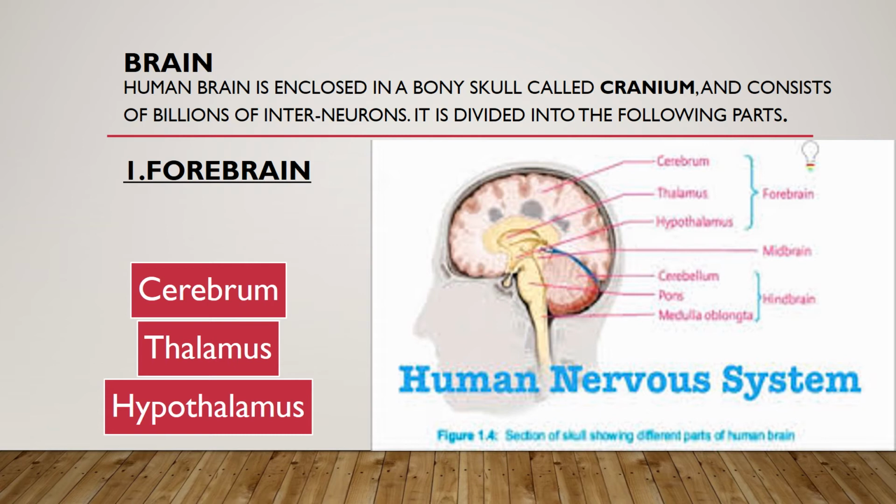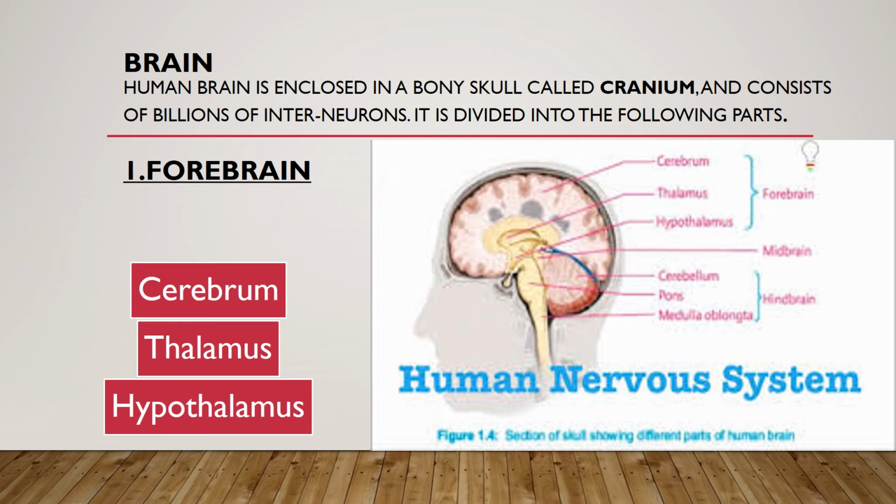Next is thalamus. Where the thalamus is found and what is its function. Inside the cerebrum, there is a small structure called the thalamus, as you can see in the diagram. Below the cerebrum is the thalamus, and it controls many sensory functions. The next is hypothalamus. Hypothalamus lies at the base of the thalamus, as you can see in the diagram.